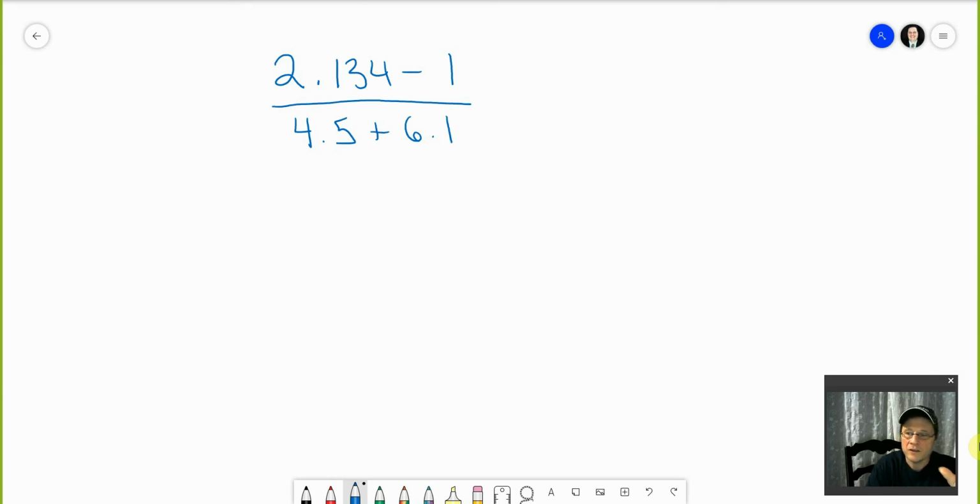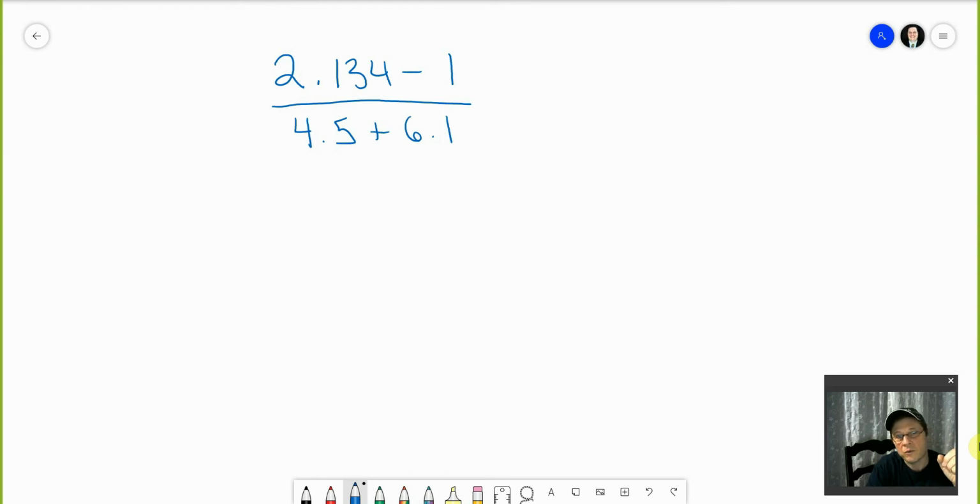Now this is where logic in mathematics comes in. The rule in BEDMAS says that I divide first, but you cannot divide a numerator by a denominator if the numbers are not whole numbers.